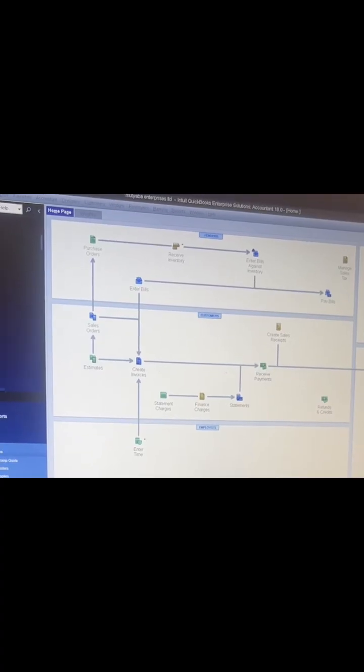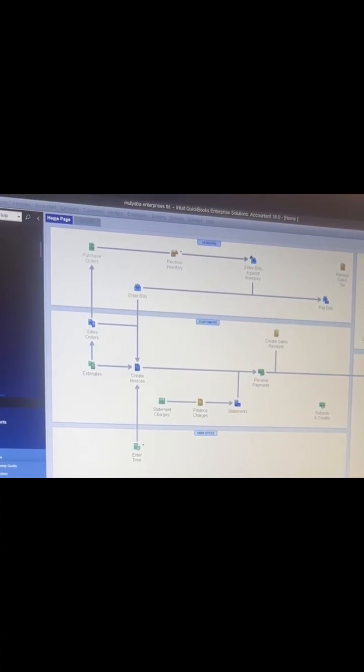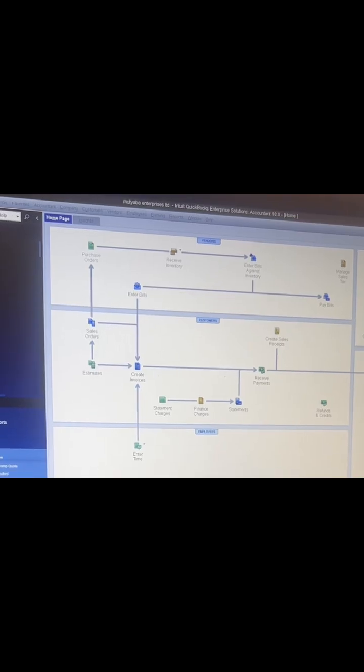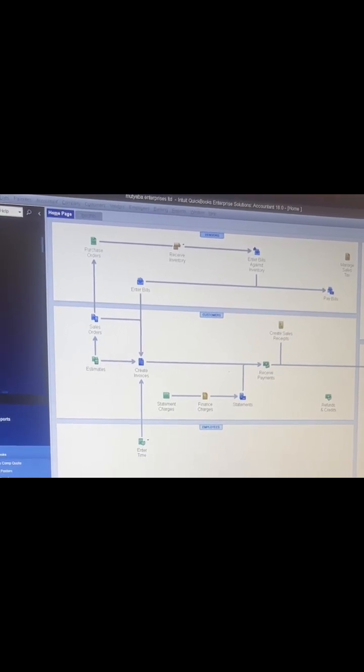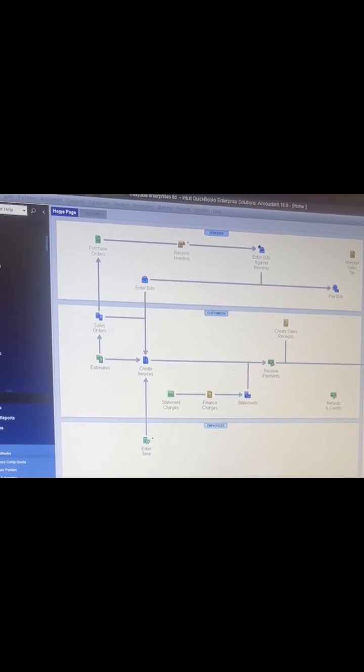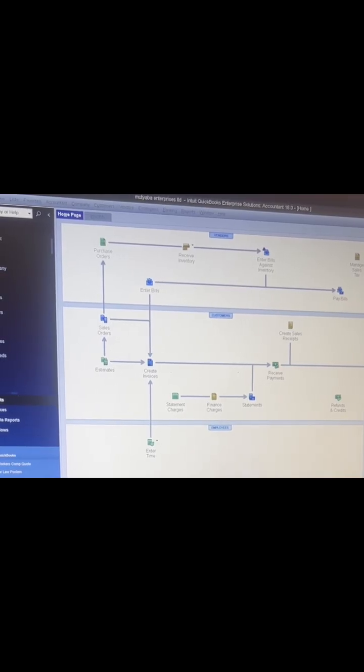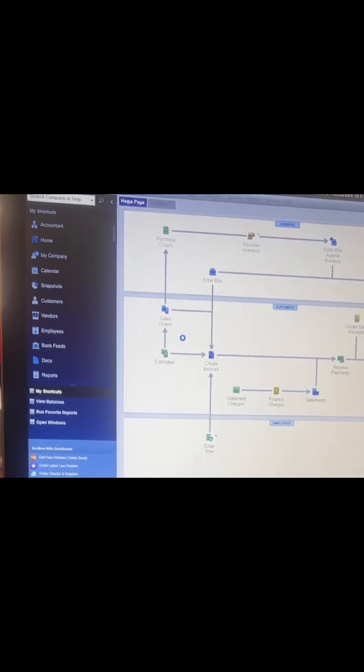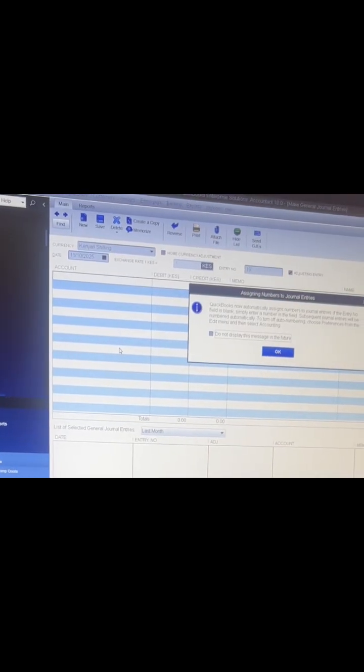So you go to the general journal to record the transactions of the 3 accounts that were recorded. Company, make general journal entries. Press OK. So here we're going to have 3 accounts that are affected.